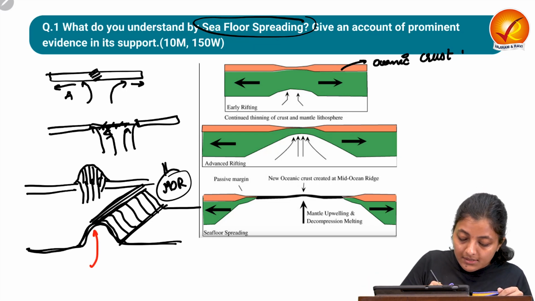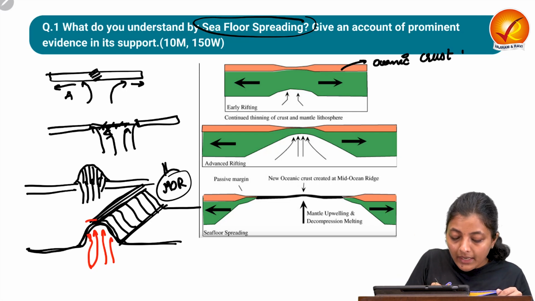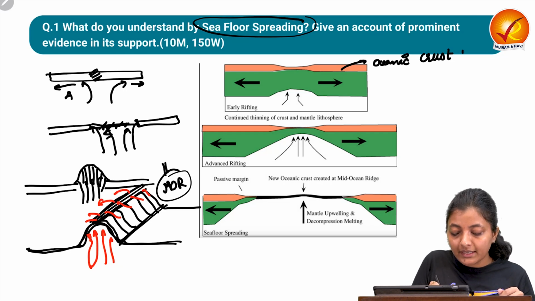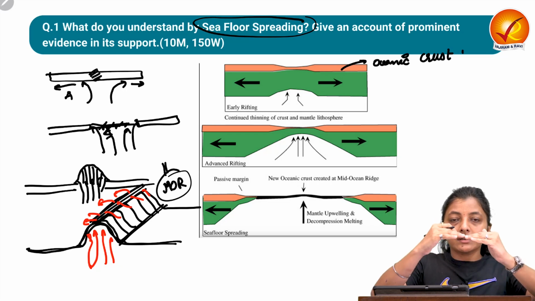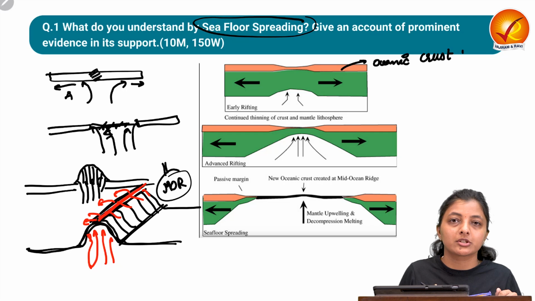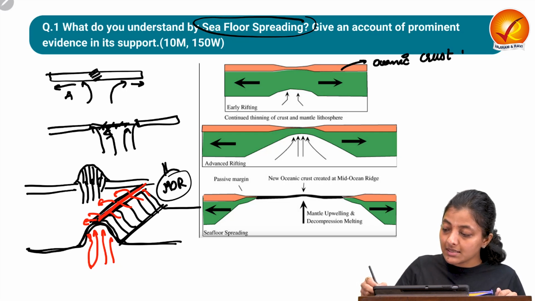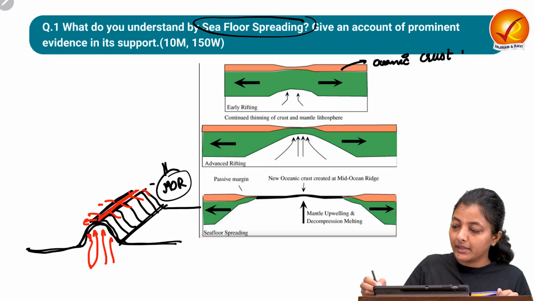Now, this new volcanic eruption comes from below. It erupts from here in both directions. It comes from below and spreads in both directions along this mid-oceanic ridge. Okay, so this is the seafloor spreading theory. It means the seafloor is spreading.